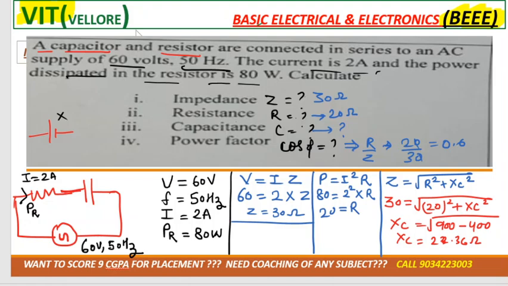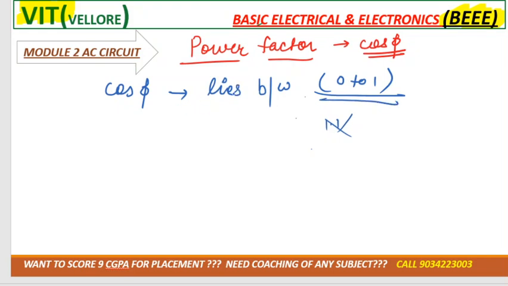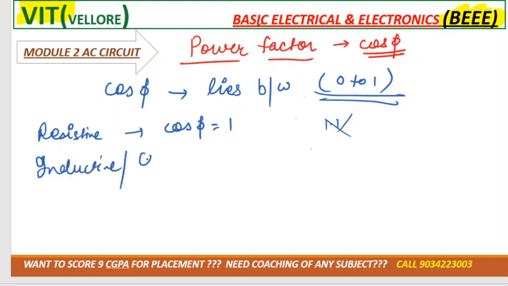One thing you must remember about power factor is that it always lies between 0 and 1. If you get a value greater than 1, then you have calculated wrong. For a resistive load, cos phi is always 1, and for an inductive or capacitive load, it is less than 1.